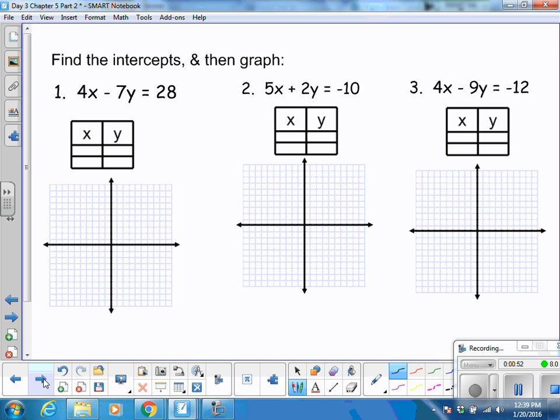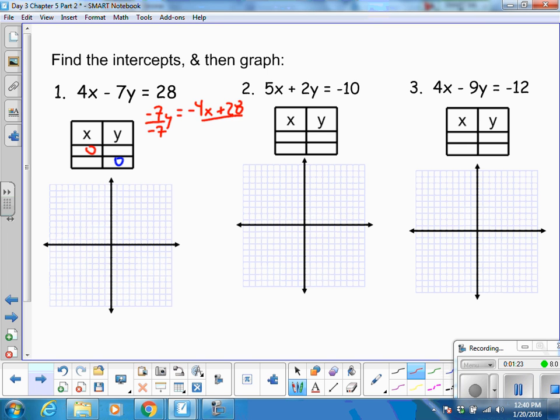So for each one of these, I'm ultimately trying to find where x is 0 and where y is 0. So I'm going to move the equation around a little bit so I can find this. For instance, I'm going to subtract 4x from both sides of the equation, so I end up with -7y equals -4x plus 28.